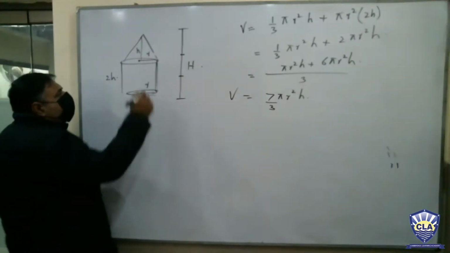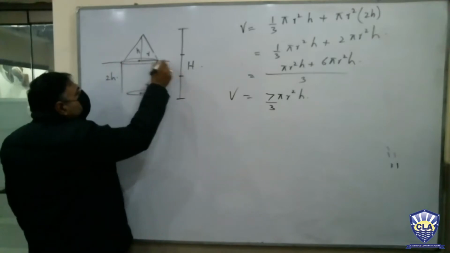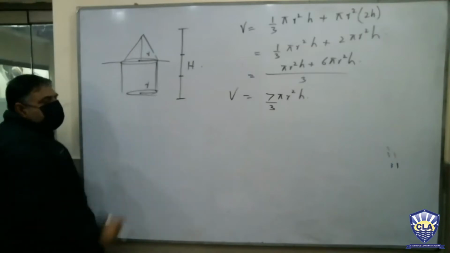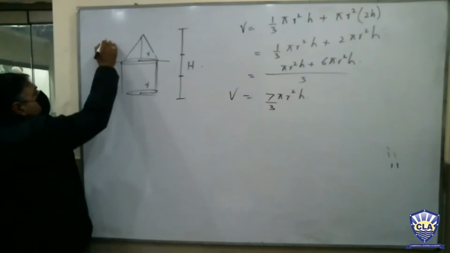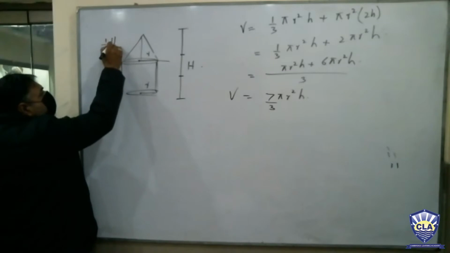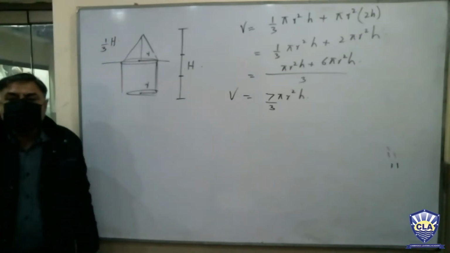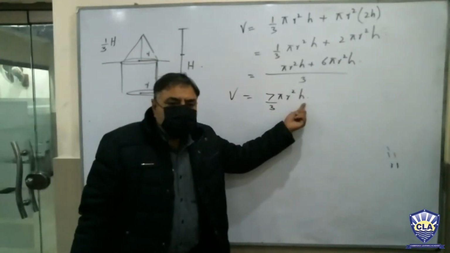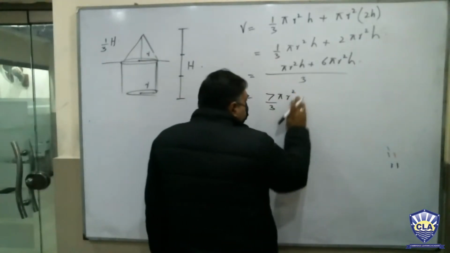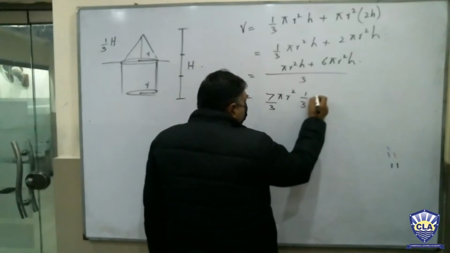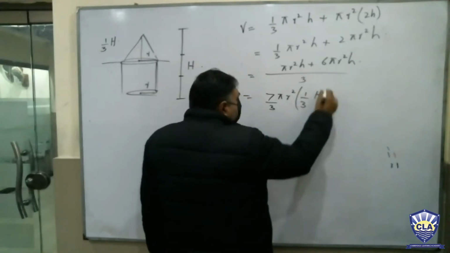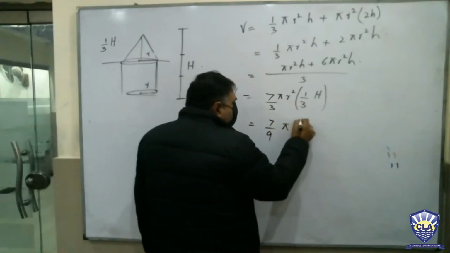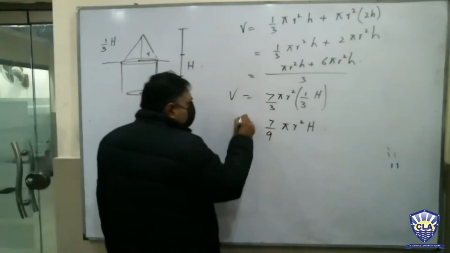Shabash. So what is the height of the cone in terms of capital H? 1/3 of H. Now what is small h? 1/3 of H. So multiply 3, sir: 7/9 pi r square capital H is the volume.